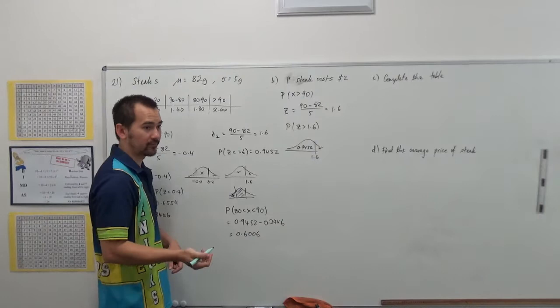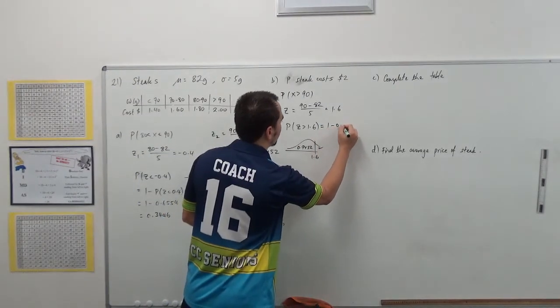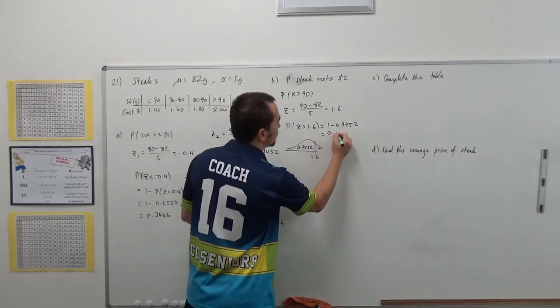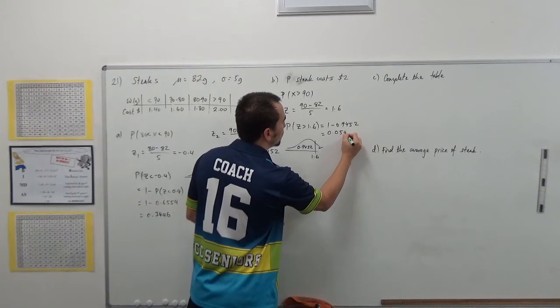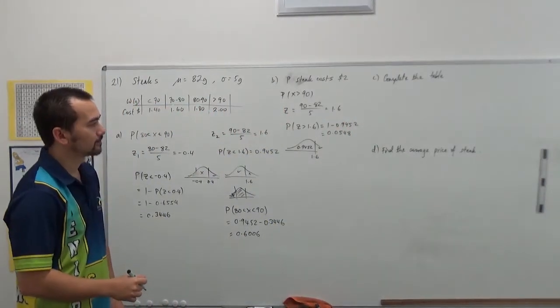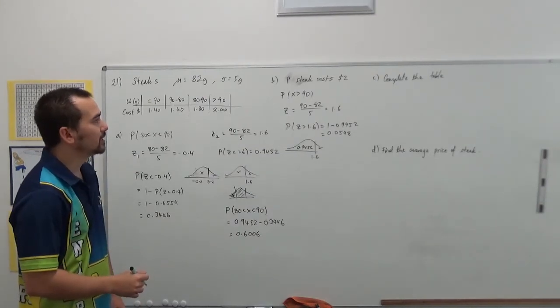So we're going to subtract it from 1, which comes to 0.0548. Okay, so that's part B.